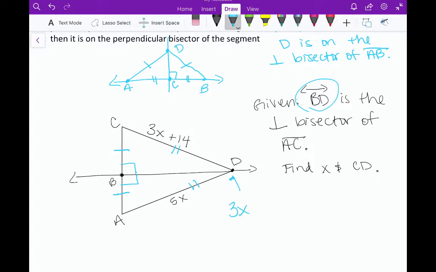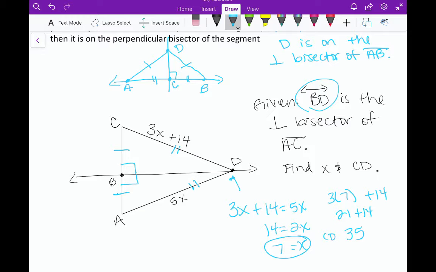Therefore, we can set up the equation 3x + 14 = 5x, 14 = 2x, x = 7. And then I can plug in a 7 for x to find CD, which would be 3 times 7 plus 14. 21 plus 14 is 35. So x equals 7 and CD equals 35.